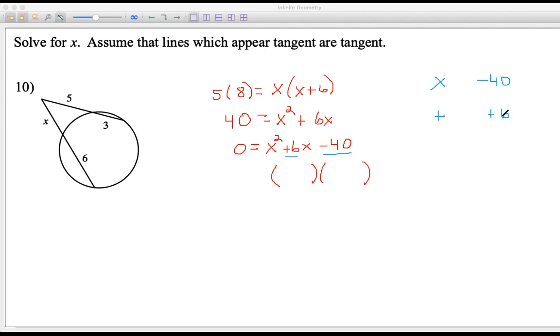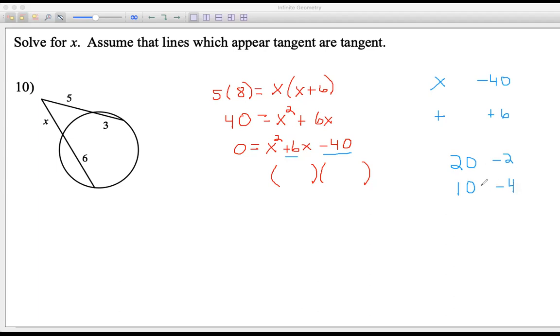What are our candidates? Actually, it's negative 40. 20 and negative 2. Does that add up to positive 6? Nope. 10 and negative 4. Does that add up to positive 6? Ding, ding, ding, we have a winner.